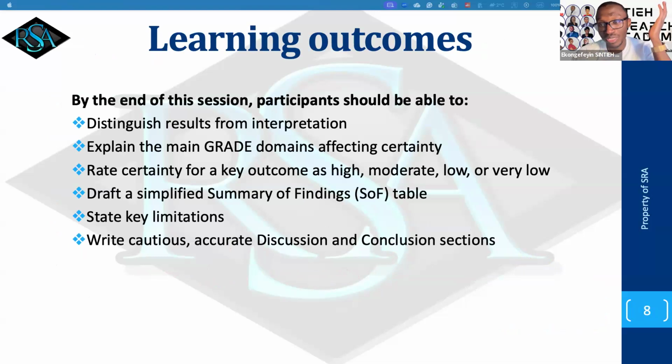Your result is what we did last week. So just scrolling down the tables and putting the things together in various tables and things like that. And then you should be able to understand what GRADE is all about. And then you should be able to talk about how certain your quality of evidence is based on the GRADE framework.